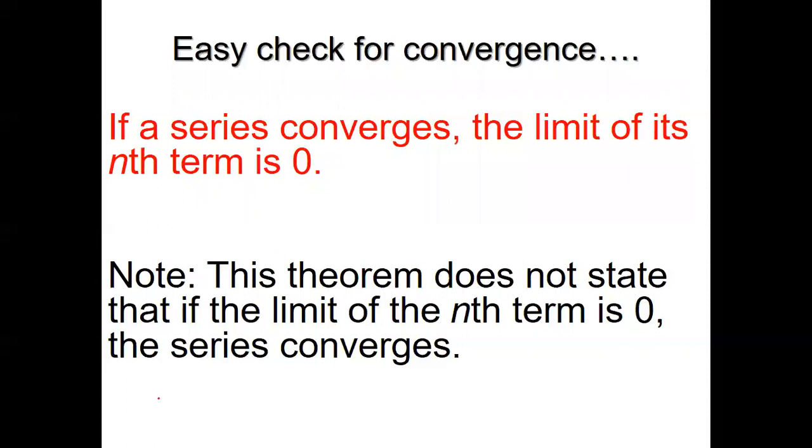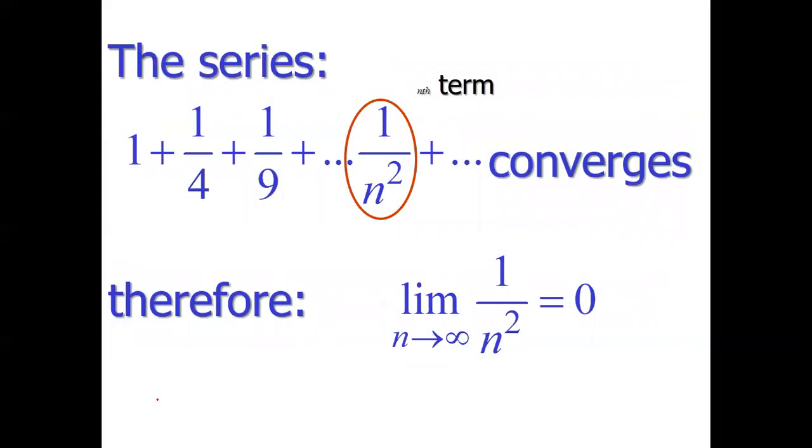So if the series converges, then the limit of the nth term is 0. So this series I will know is converging, and we will talk about later why it is. It may look familiar here. It's 1/n squared. So if I was told that this series converges, I know that the limit of the nth term is approaching 0. The nth term is going to get smaller and smaller as n approaches infinity.